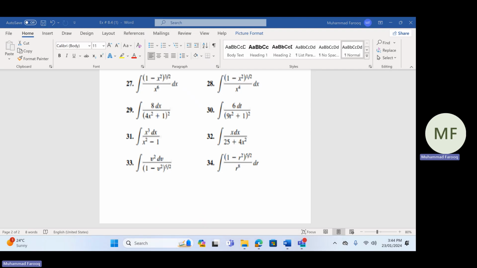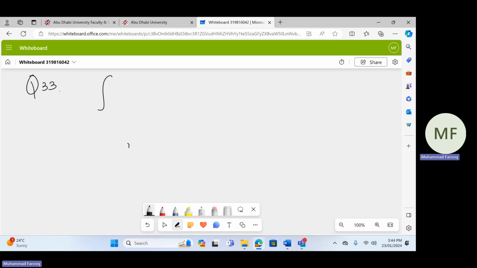For sine, when we say x is equal to a sine theta, what is the range of theta? Theta is between negative pi by 2 and positive pi by 2.